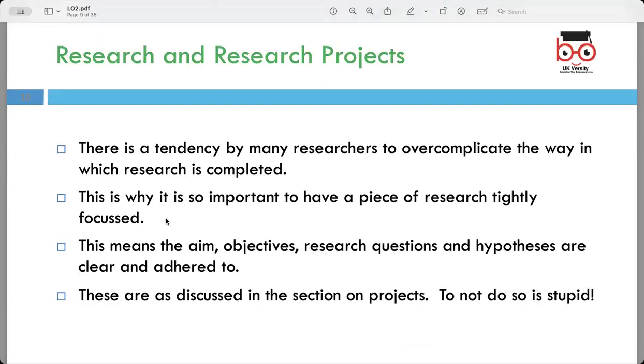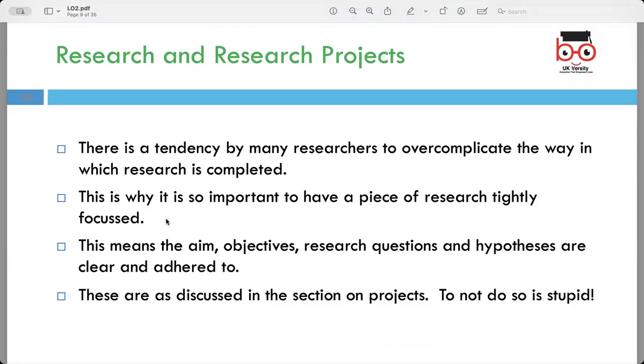Research and research projects. One common mistake new researchers make is trying to include too much or making the research more complicated than necessary. That's why it is very important to keep your project tightly focused.